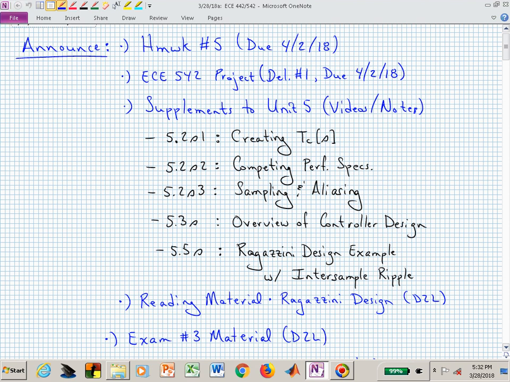A couple of lectures ago we were talking about performance criteria or design specifications, and there's a few lectures that supplement that as far as sampling, competing performance specifications, what happens when they all three don't meet or achieve each other simultaneously, can you adjust some of those performance specifications, and creating T sub C of S. That's the first homework problem and the second homework problem. And there's a supplemental video beyond what we will do today.